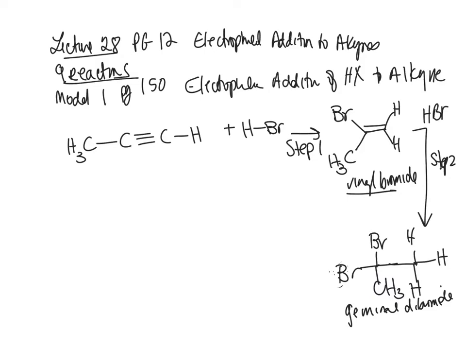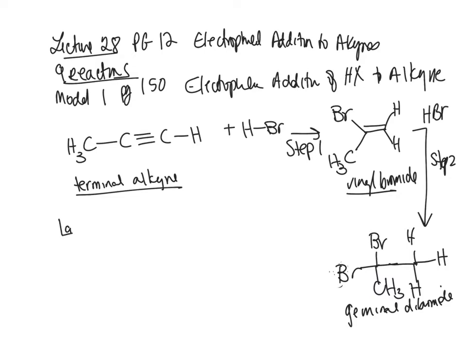Now, this with the hydrogen at the end is called a terminal alkyne. Terminal alkynes are acidic, so we can deprotonate that using sodium amide and make the acetylide ion.